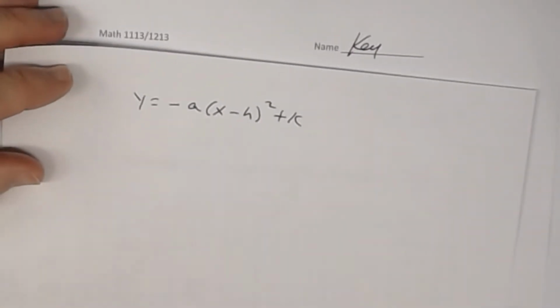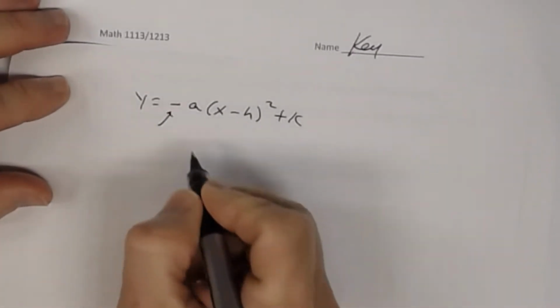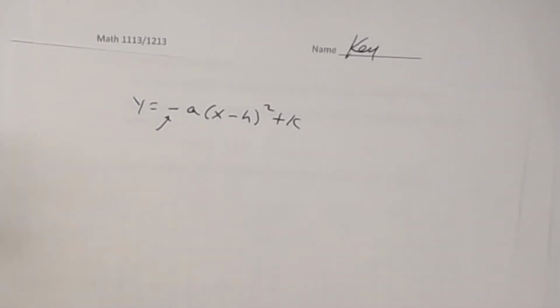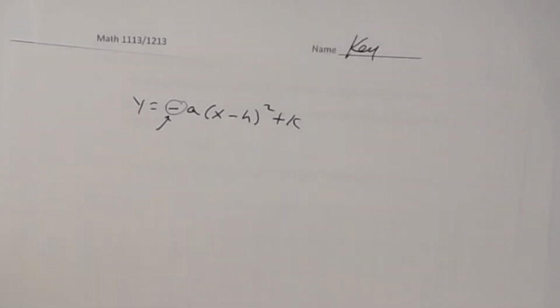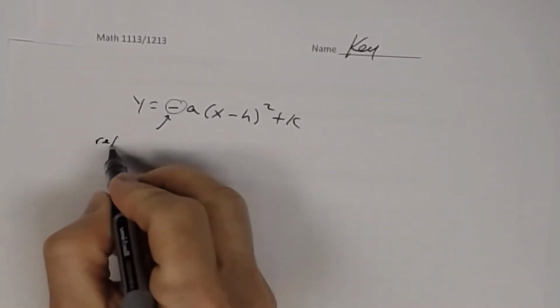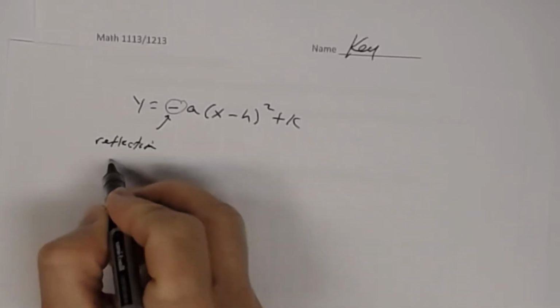Just remember that the negative here is the reflection, a reflection about the x-axis.